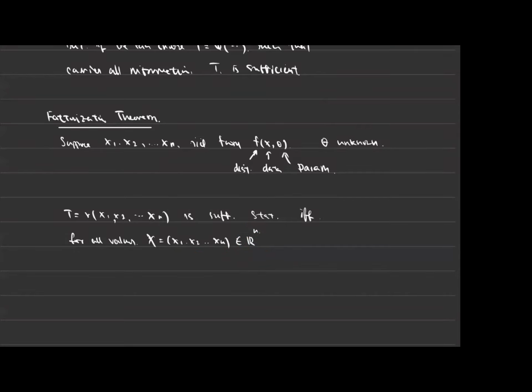So for all the values that you can take in the set, the joint likelihood function, which we write f_n(x | theta), can be written as a function of x times a function of r(x) and theta.